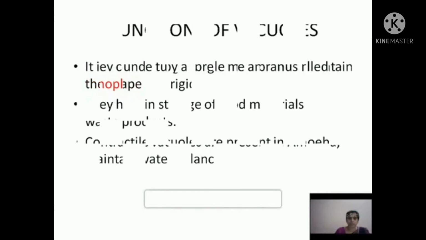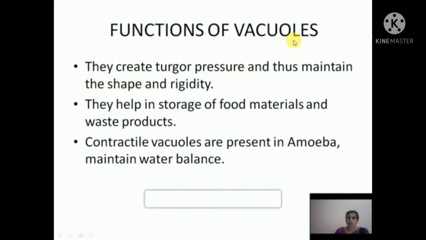And next are the functions of vacuoles. What is the function of vacuoles? They create turgor pressure and thus maintain the shape and rigidity. So what do you mean by turgor pressure?